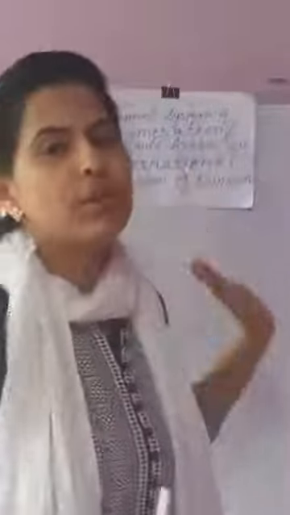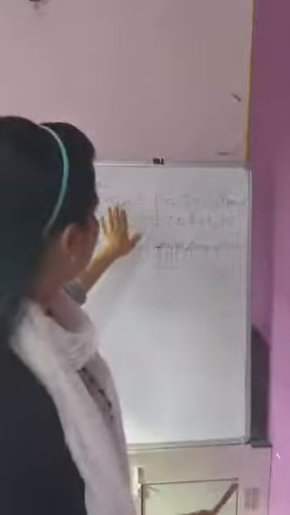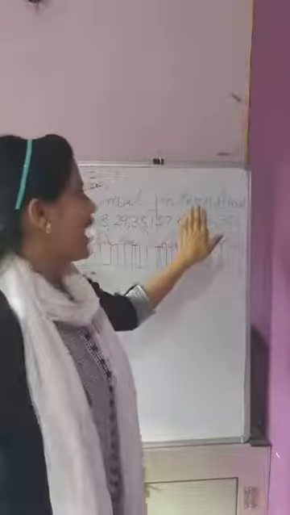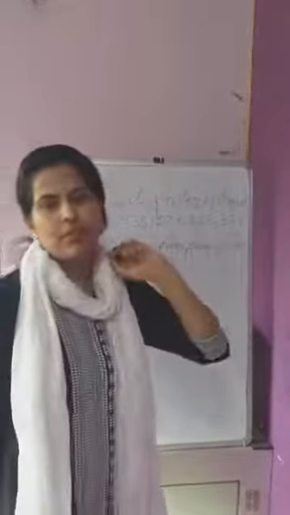In this system, we'll find what is the difference between these two systems. There is a difference in periods, there is a difference in places. So, let's find what is the difference. Now, we'll make clear the concept of the decimal system of numeration and the international system of numeration.